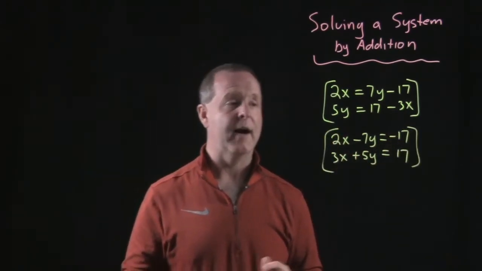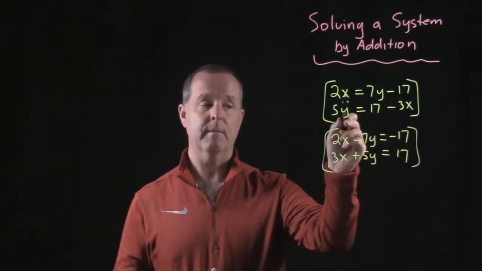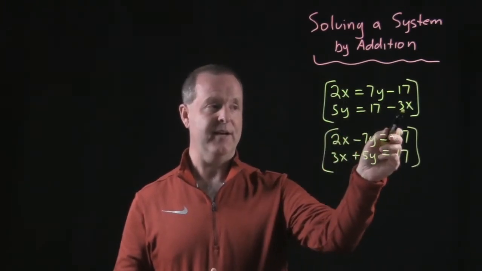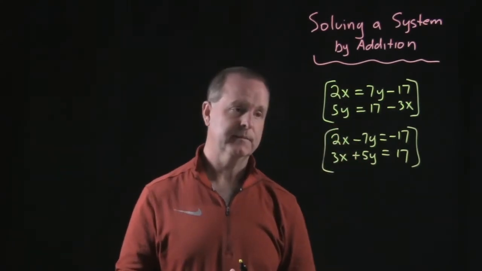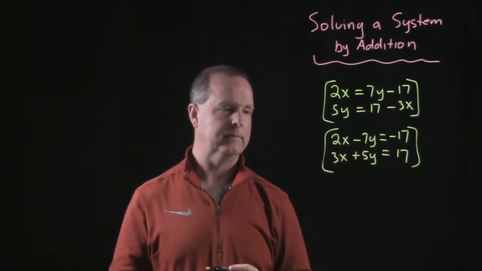And you can verify, basically I subtracted 7y from both sides. Here, I added 3x to both sides, and now I have an equivalent system, but written in standard form.